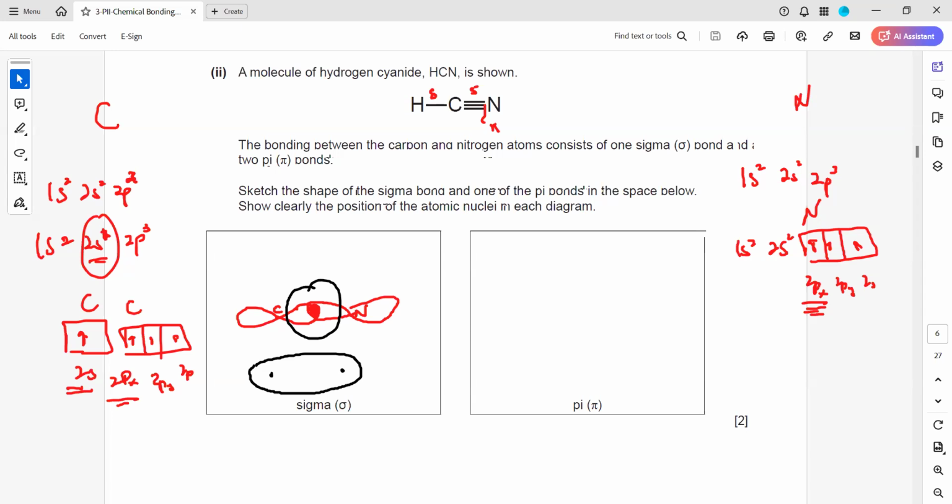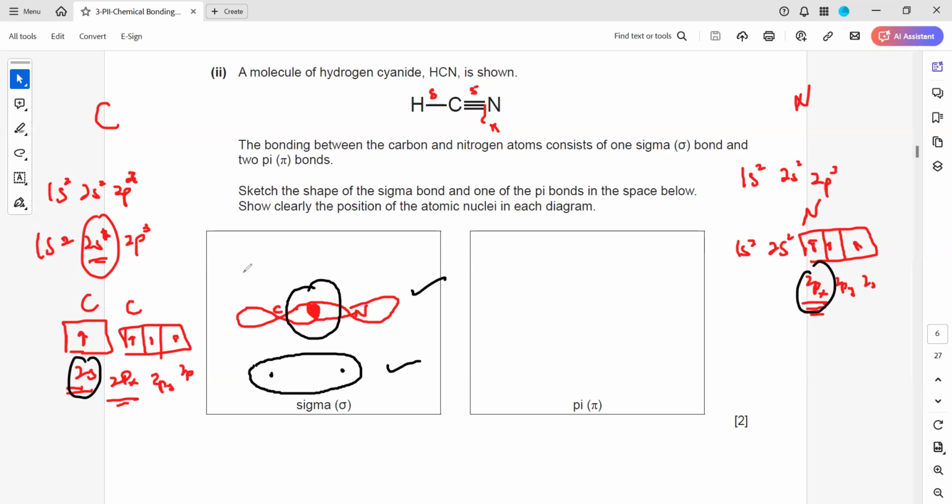And how to show the pi? Which one do you have to draw? As I mentioned, you can draw the 2s with 2px, that's fine, or you can draw 2px with 2px. Either is acceptable.